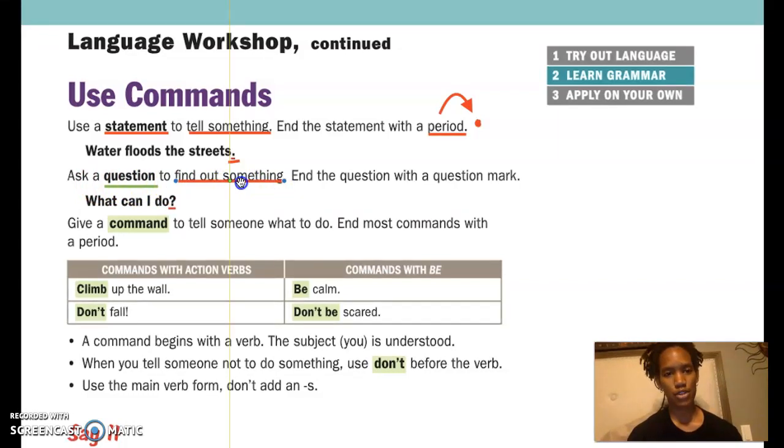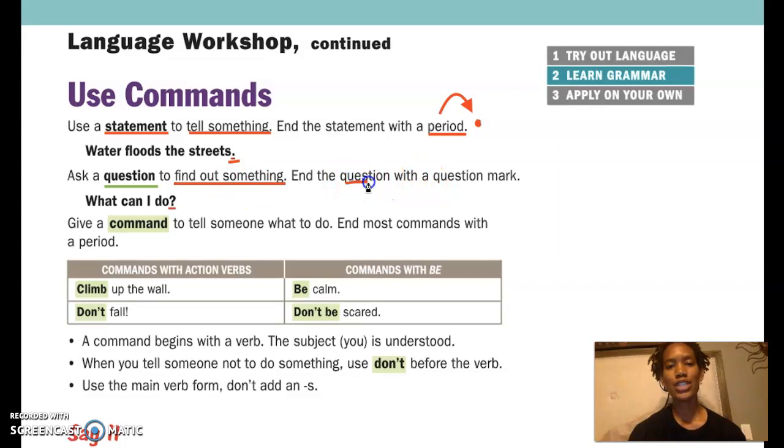All right. Now, ask a question to find out something. And guys, I'm sorry, I keep messing up the lines. Find out something. So for example, if you want to know someone's name, you ask, what is your name? Right? How are you doing? How old are you? Where have you been? These are questions, okay?